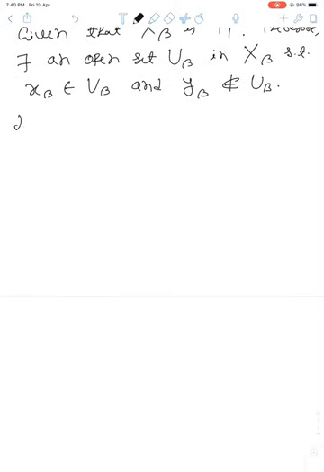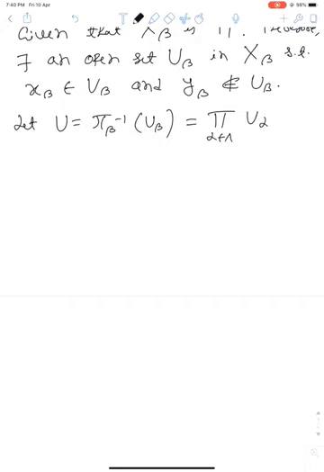Now let U equal to pi beta inverse of U beta. So what is my U then? This is just a product of U alpha, where U alpha equal to X alpha if alpha not equal to beta, right? Okay, obviously U is an open set in X.